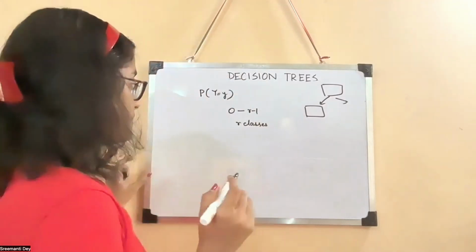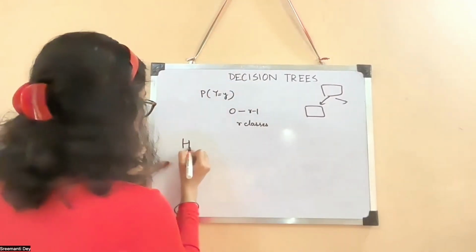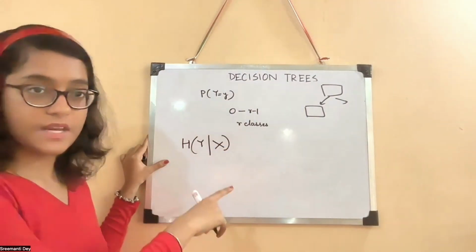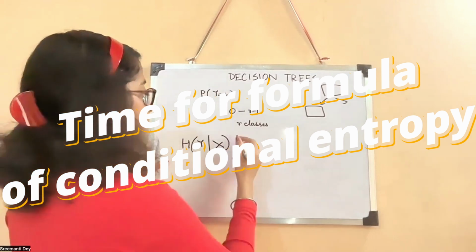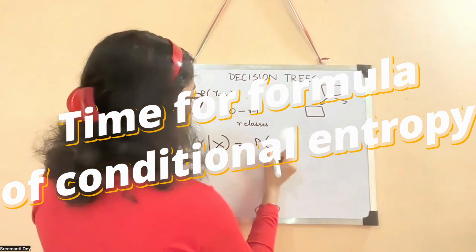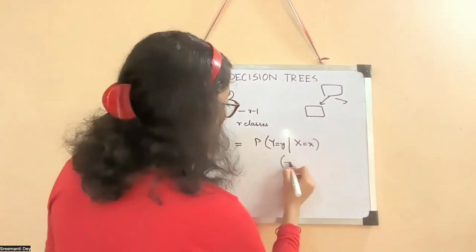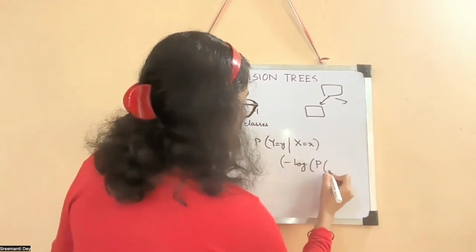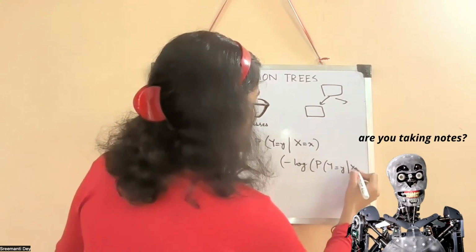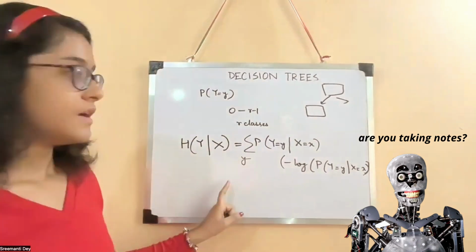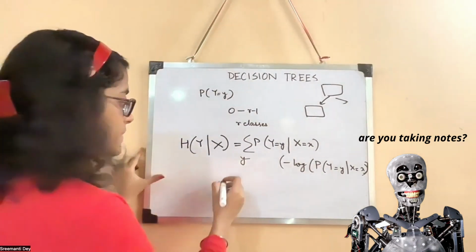Please listen carefully. H of y given x, where x is our feature. This is going to be simple. It is the summation over y of the probability of y equal y given x equal x, multiplied by minus log of the probability of y equal y given x equal x. Perfect. So this is the conditional entropy.